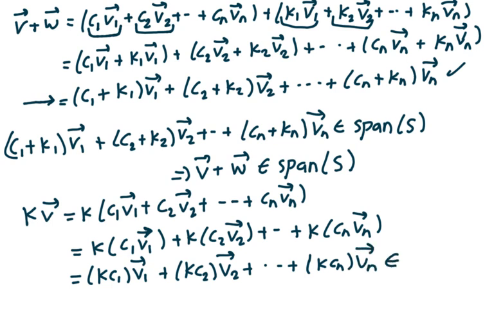And that belongs to the span of S. Because notice, we wrote kv as a linear combination of the vectors in S. Remember, kc1, kc2 through kcn, those are all scalars.